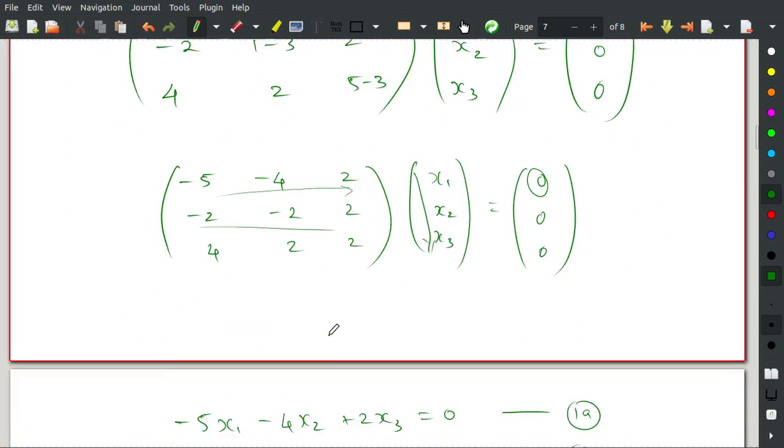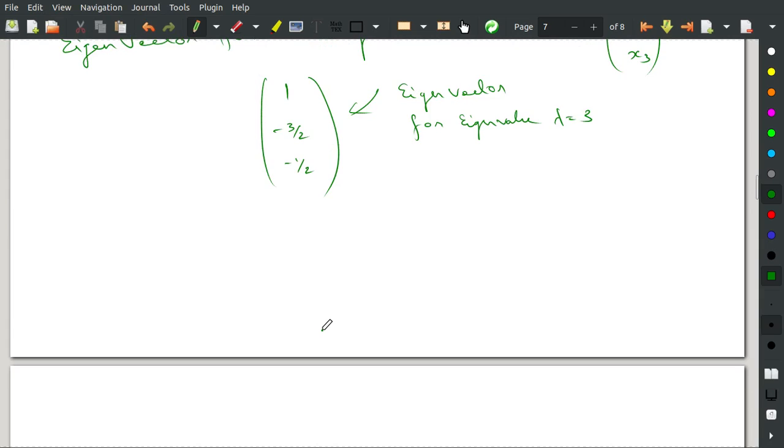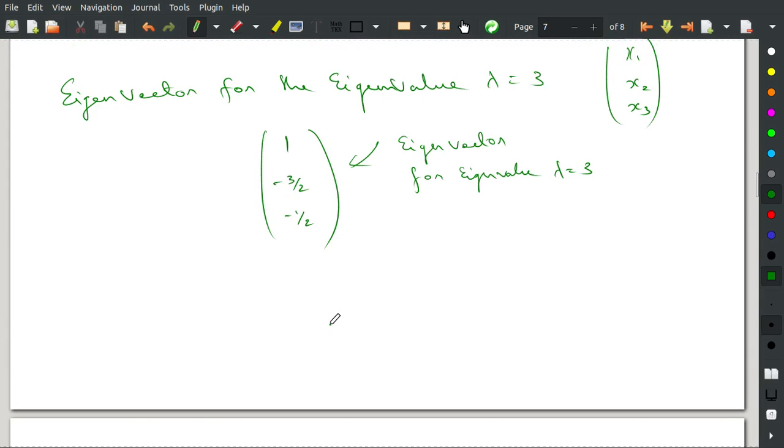Before doing that, you also have to find the norm of this vector. The norm of this vector is the magnitude of this vector.